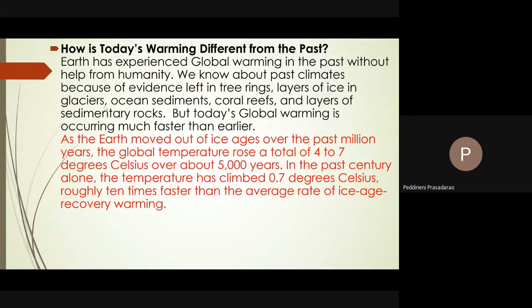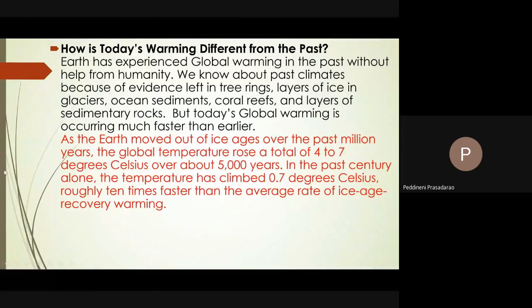And with more greenhouse gases, they absorb more and more energy which is supposed to leave the troposphere, and they retain this energy in the troposphere, and as a result the temperature of the lower atmosphere is increasing. This is exactly what is happening today.